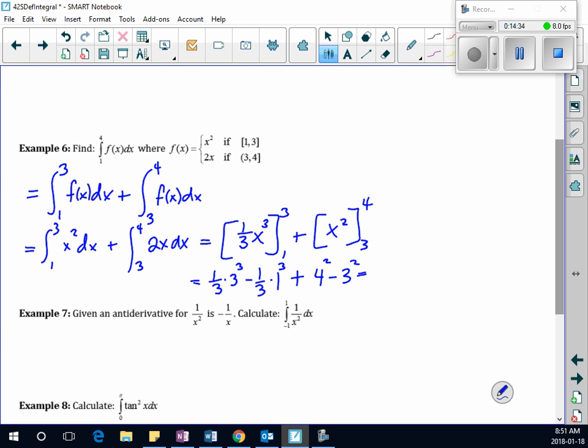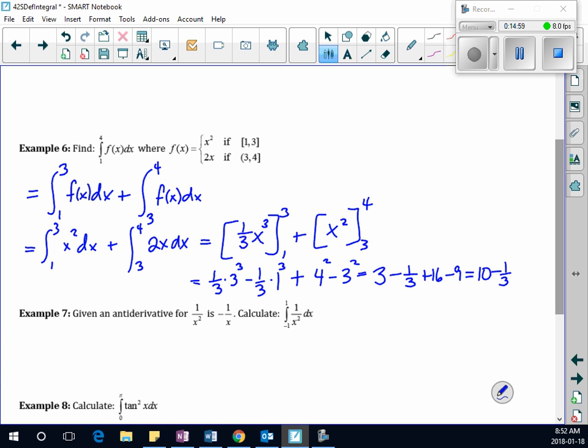So this is 3 minus 1/3 plus 16 minus 9. So I would probably collect all the whole numbers. So 16, that's 19. 19 minus 9 is 10. 10 minus 1/3.